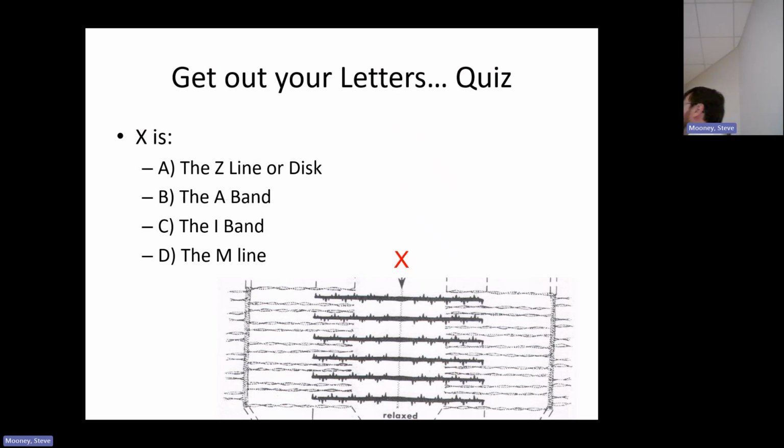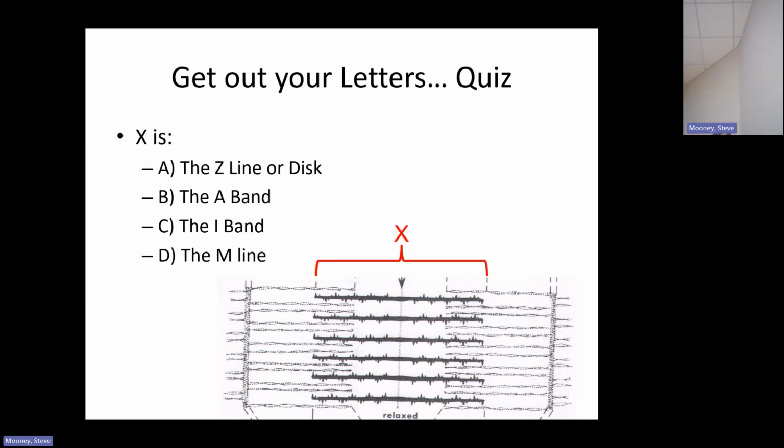A, Z line or disc, the A band, the I band, or the M line? So we're looking down the center here of our sarcomere. That is D, the M line.